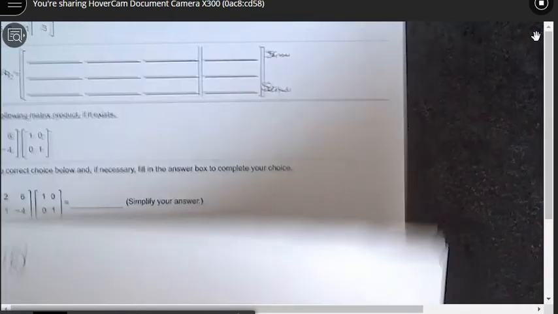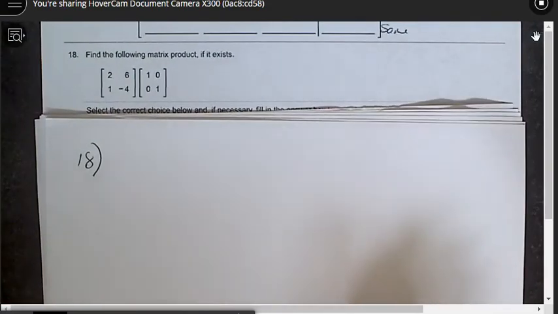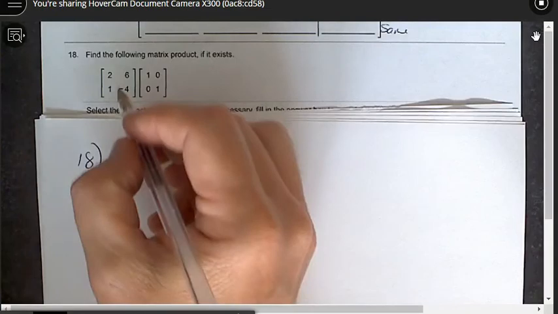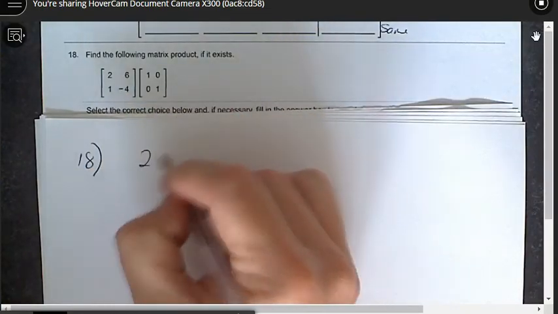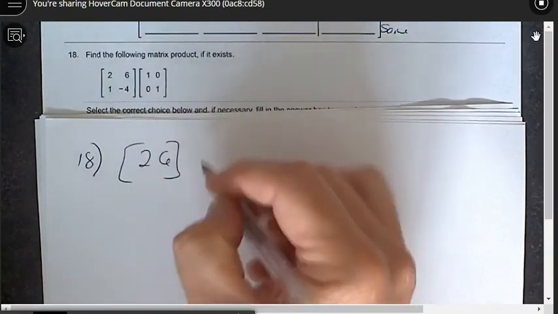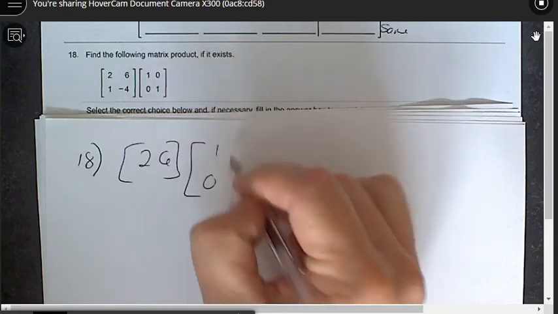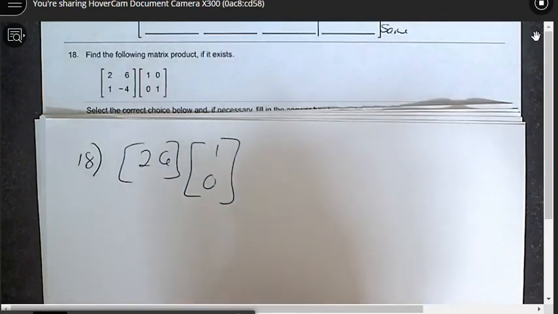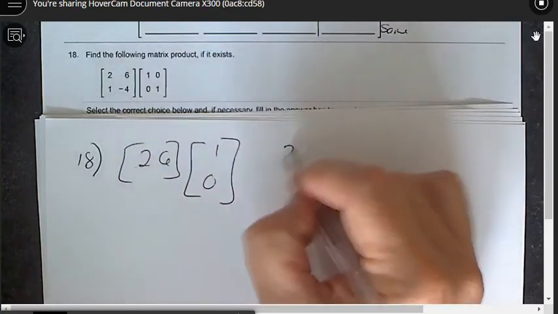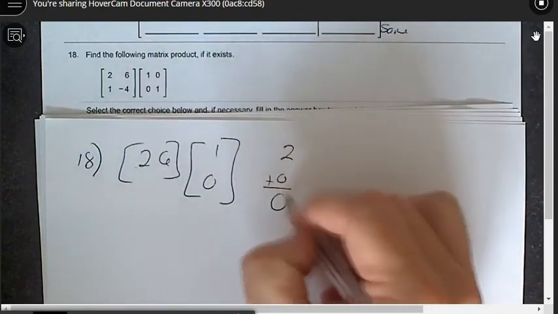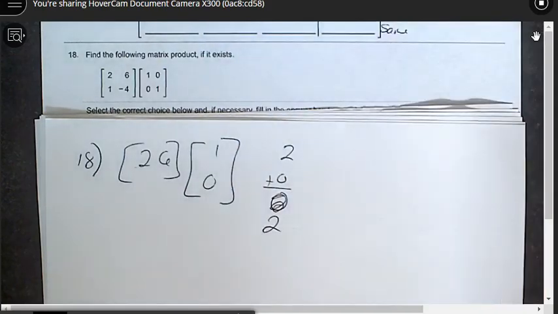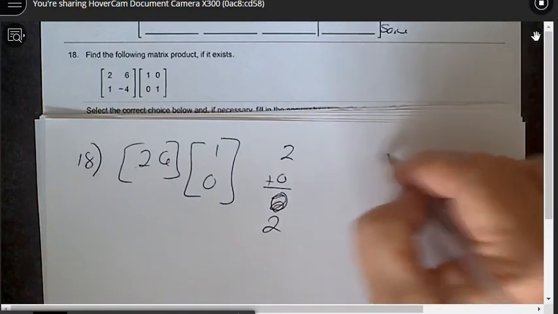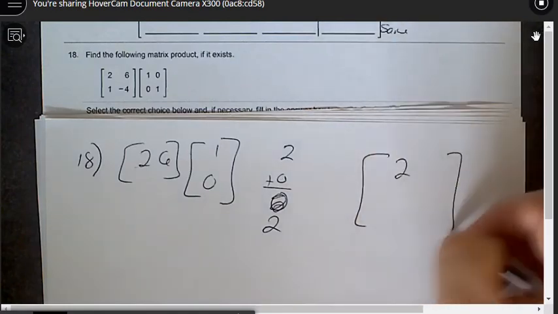So 18, we're doing those two matrices multiplied together. So we're going to multiply 2, 6 by 1, 0. So 2 times 1 is 2. 6 times 0 is 0. So 2 plus 0 is 2. So our first corner answer is going to be 2.